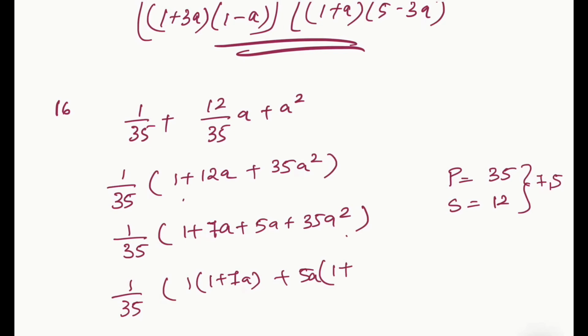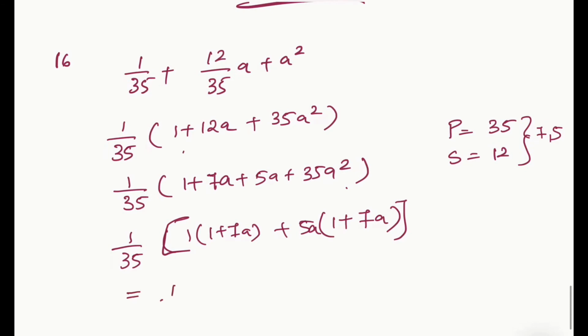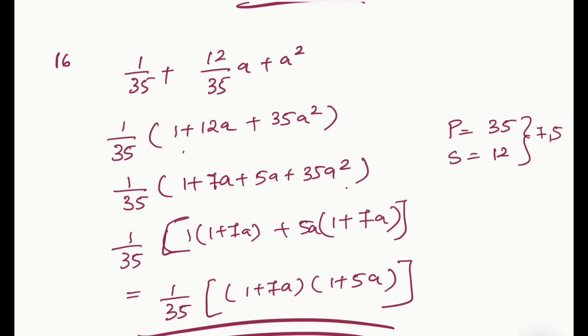So I can write as 1 plus 7a. Okay. So how can I write this? That is equal to 1 by 35 into 1 plus 7a into 1 plus 5a. Okay. Hope it's clear.